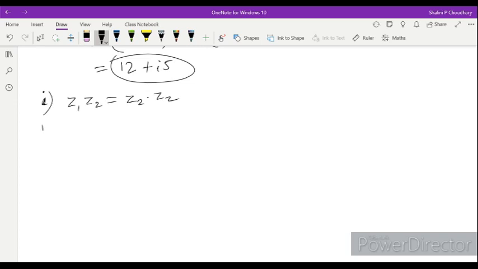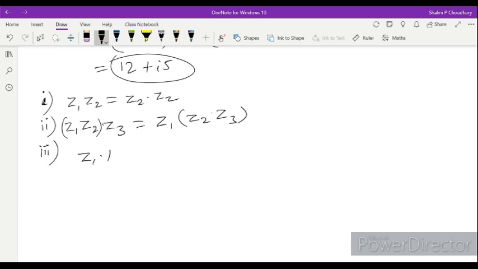Second, z1 into z2 into z3 will be equal to z1 into z2 into z3 regrouped; there will be no change when we are multiplying. Third, when we multiply z1 by 1, we get z1 only.